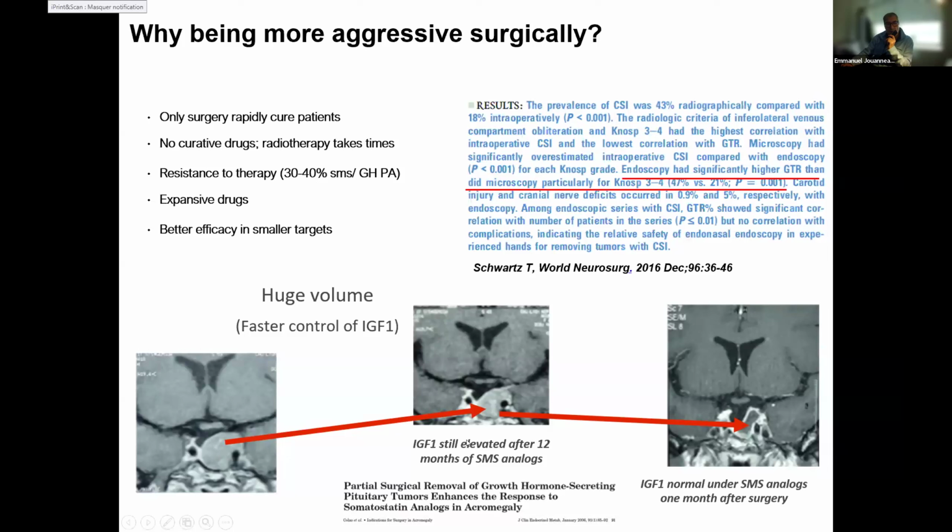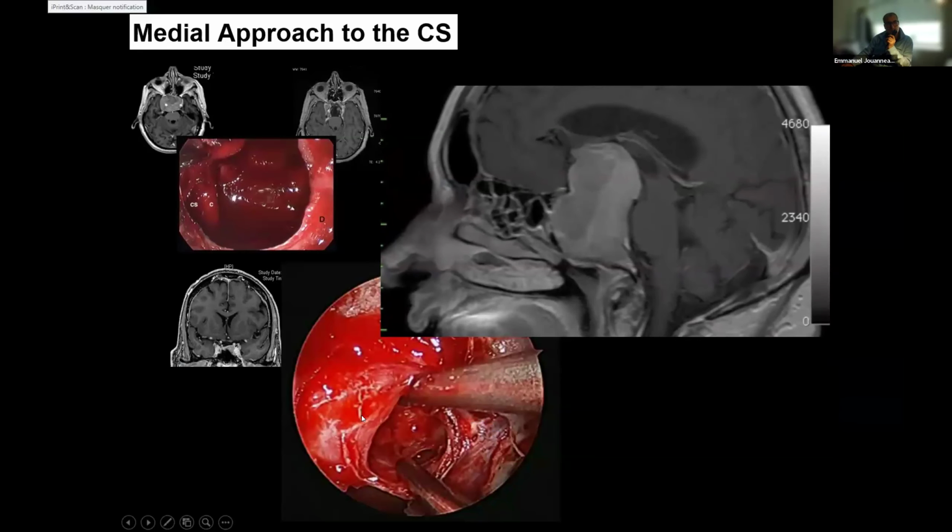The IGF-1 level was still elevated, so we decided to operate on the patient to get inside the cavernous sinus. The patient was not cured, but one month after surgery, with the medical treatment, the patient was controlled. So sometimes there is a reason to remove as much as possible of the tumor just to improve the medical control for the patients.